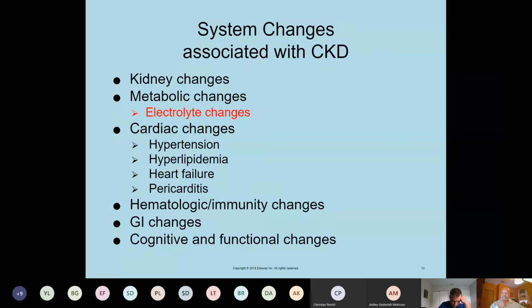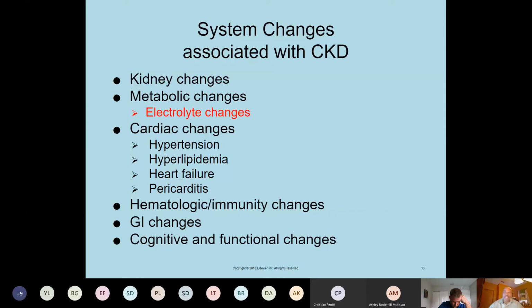Now, urea is another waste product, made from protein metabolism, and it is also excreted by the kidneys. And it does rise when the renal function is compromised. So this is another waste substance that can poison our system when the kidneys are not functioning well.